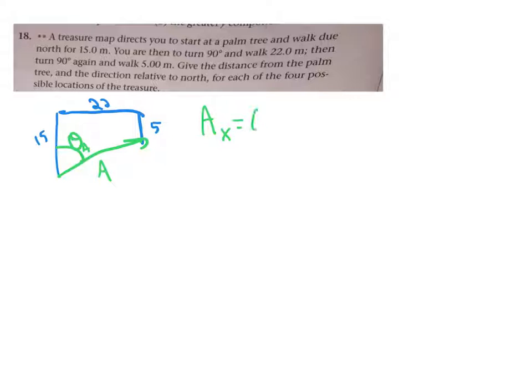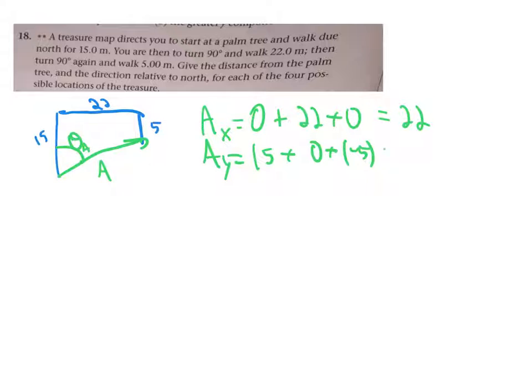is going to be 0 for the first leg, plus 22 for the second leg, plus 0 for the third leg. So that's 22. And A sub Y is 15 north, plus nothing for the second leg, plus negative 5 for the third leg, or 10. A is just the square root of A_X squared plus A_Y squared.